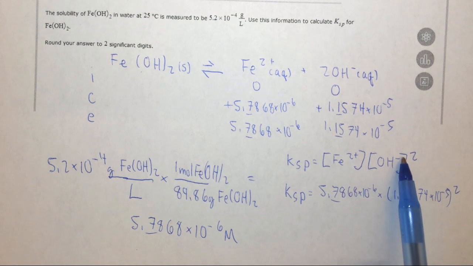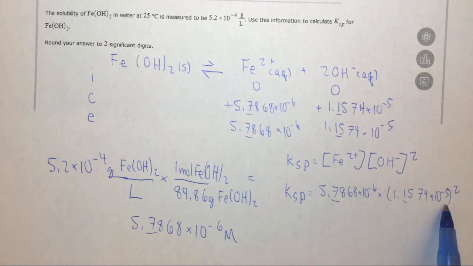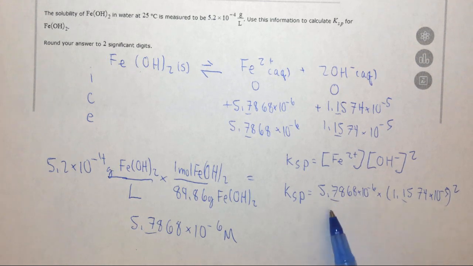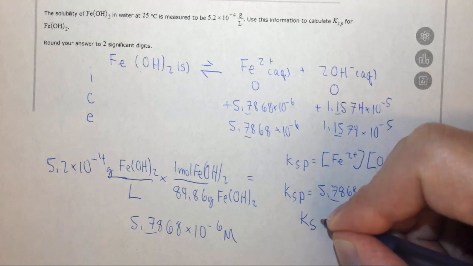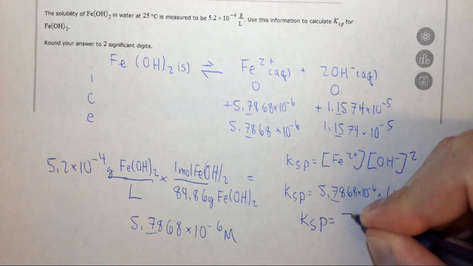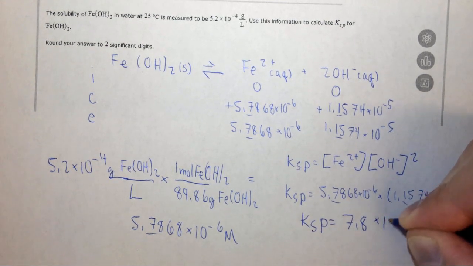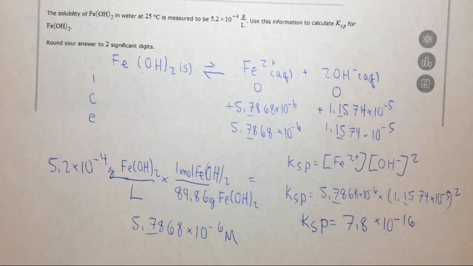Because there are 2 OH's, we do have to square it. So we take this and multiply it by this squared, and we round to 2 sig figs, because these are both 2 sig figs. And what we get is Ksp equals 7.8 times 10 to the minus 16.